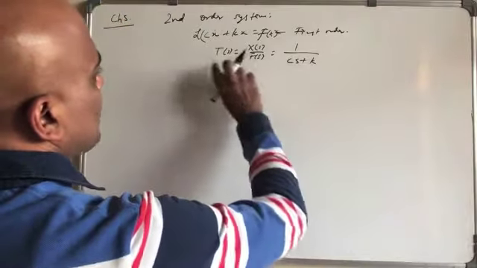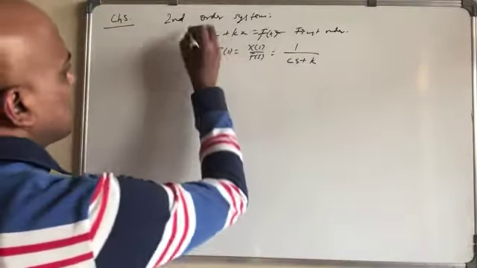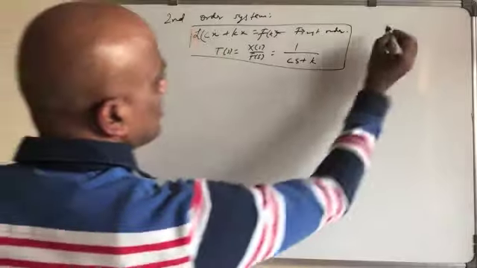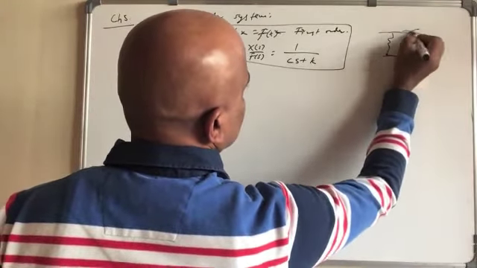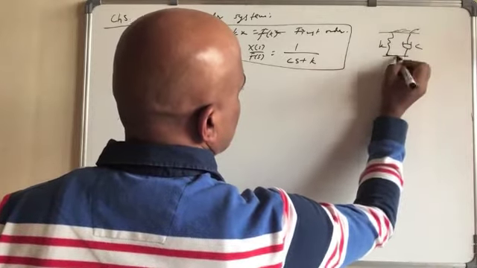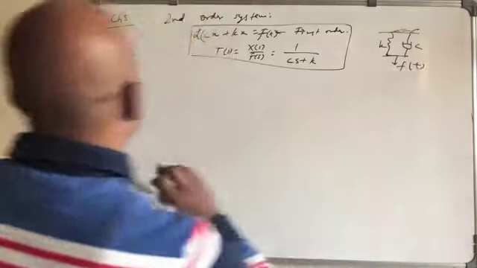So the first order system is a spring and damper system, with k, c and f(t).